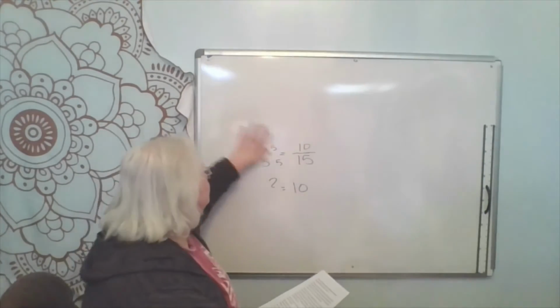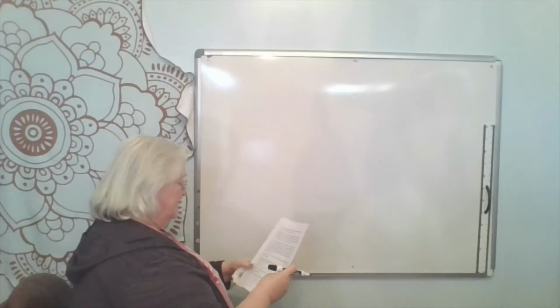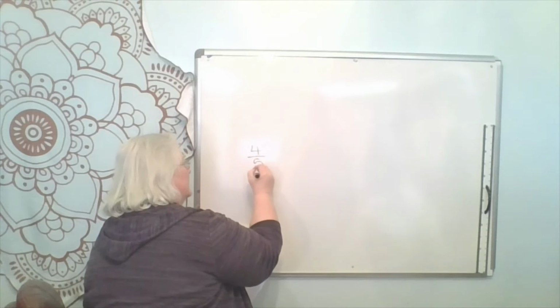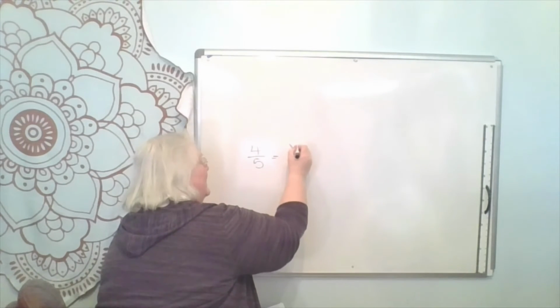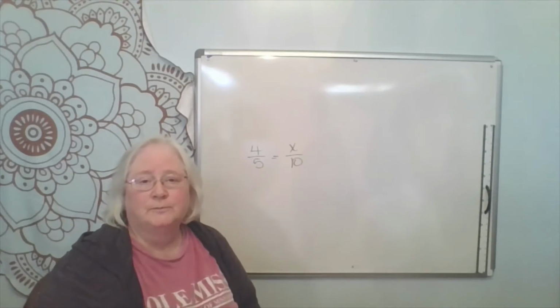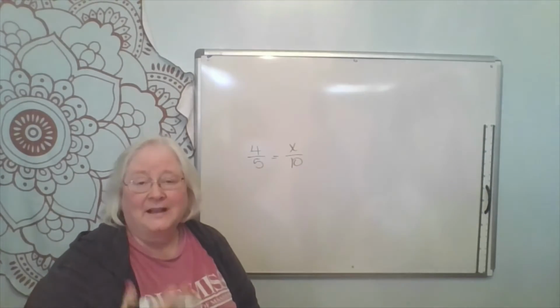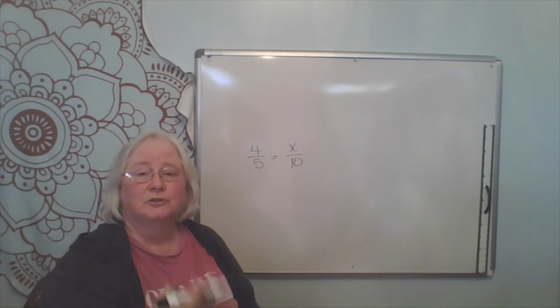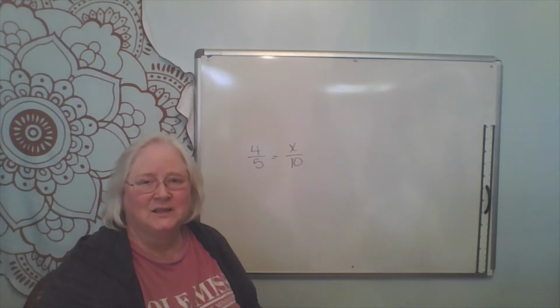Now, you might see it like this. So here's another problem. 4/5 equals x over 10. Now that's just like a question mark if you see that x. I mean, that x is a question mark. So you're looking for what that x is equal to.